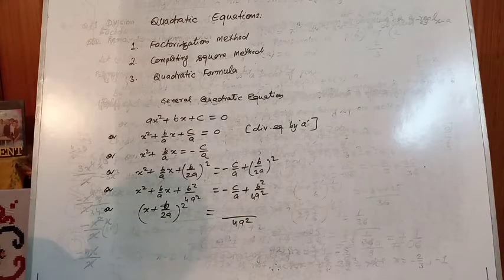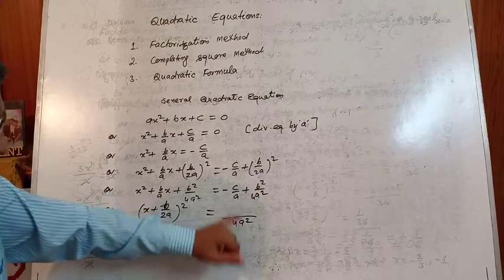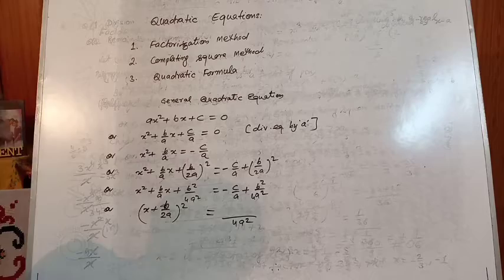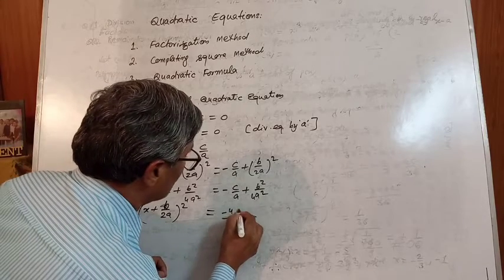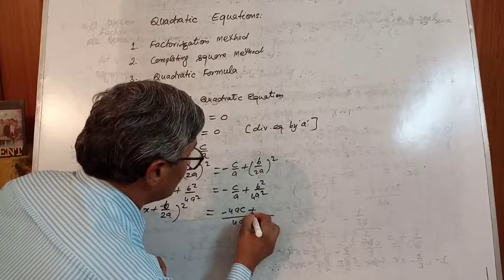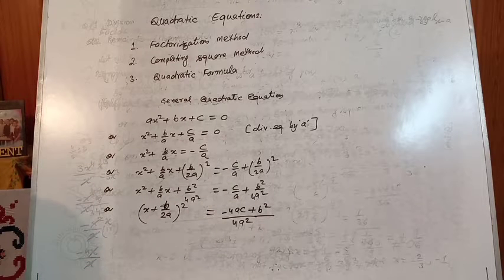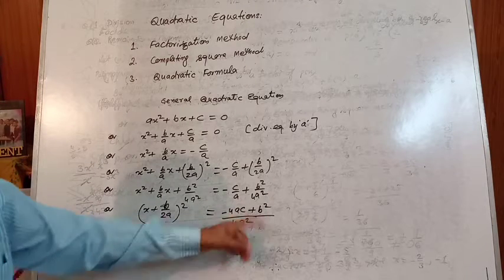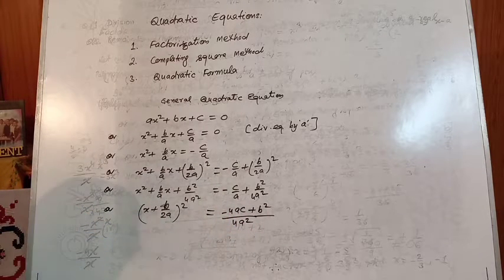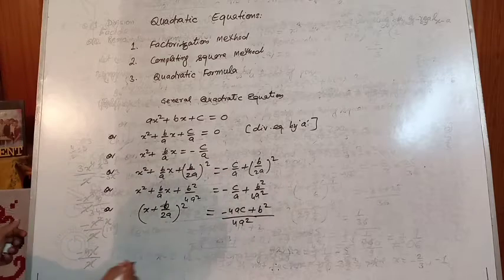Dividing by a, we get minus 4ac and b square. So b square minus 4ac upon 4a square.